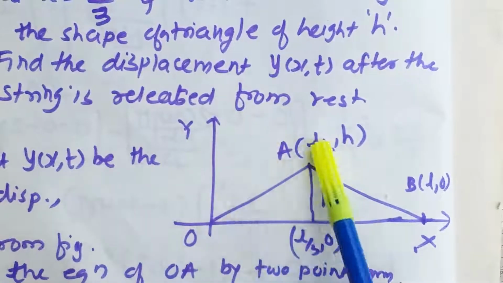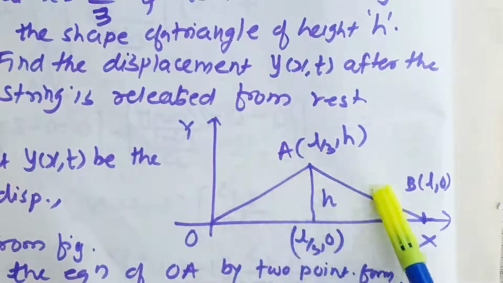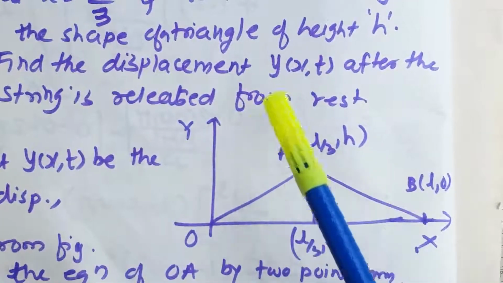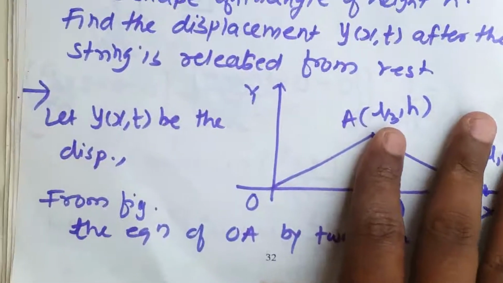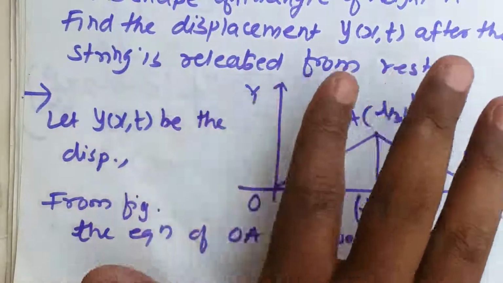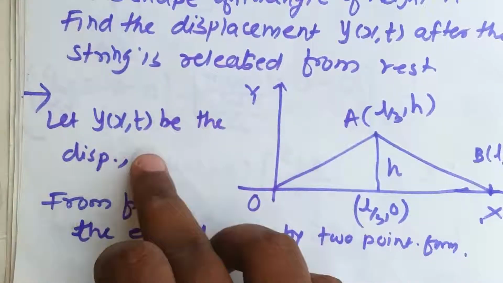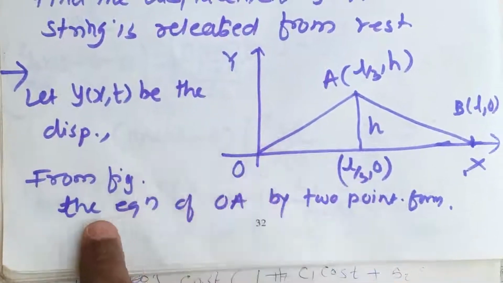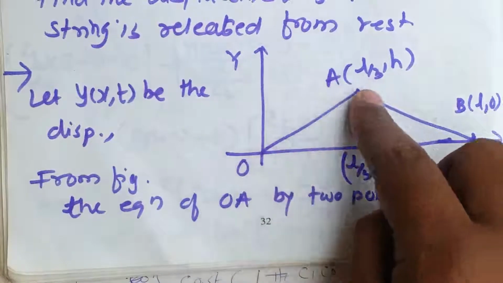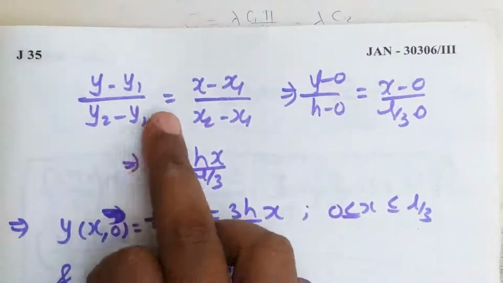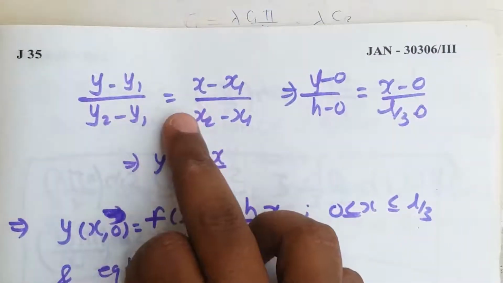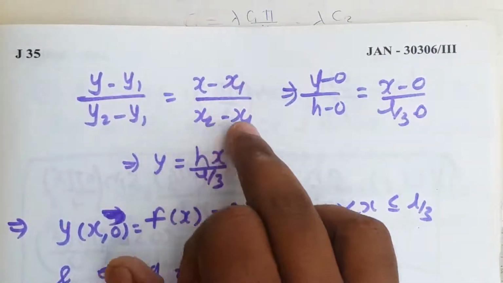Now using this triangle, this diagram, we are going to calculate the values for the boundary conditions. Okay, let us see how. Let y(x,t), instead of u(x,t), we are using y(x,t) for the displacement. Now from the figure, from this point to this point, the equation of the line OA by the 2-point form, the formula is (y minus y1) upon (y2 minus y1) equal to (x minus x1) upon (x2 minus x1).